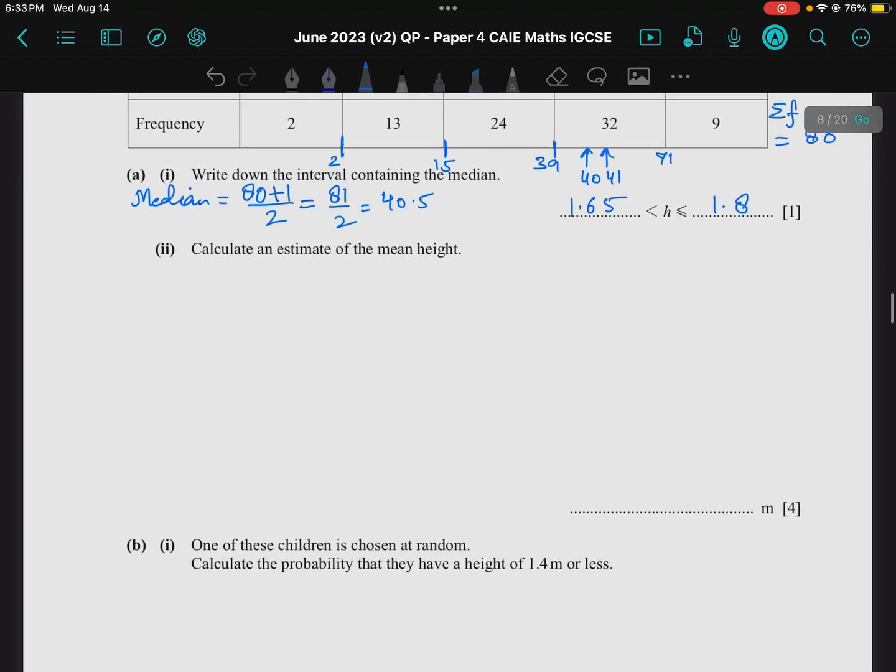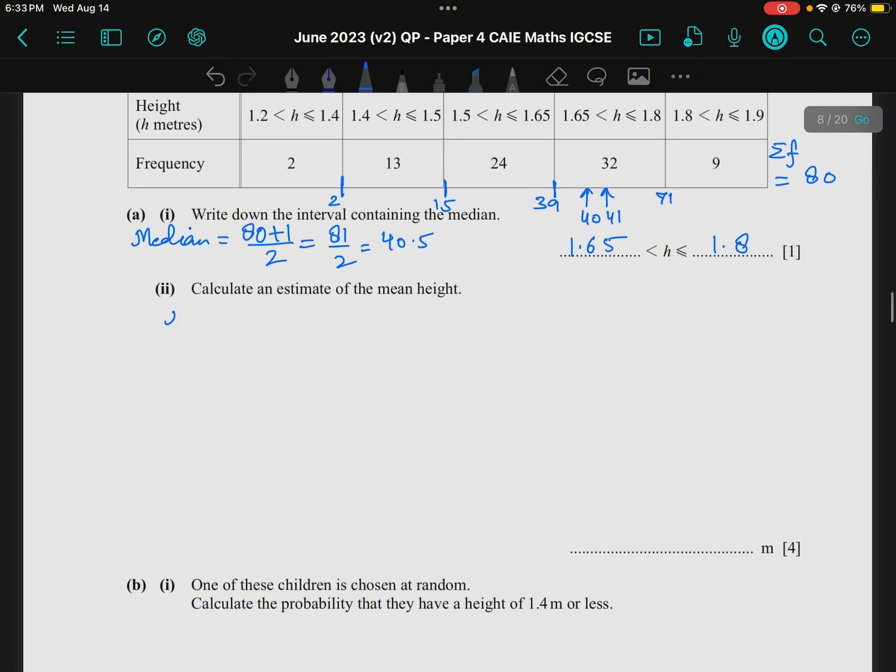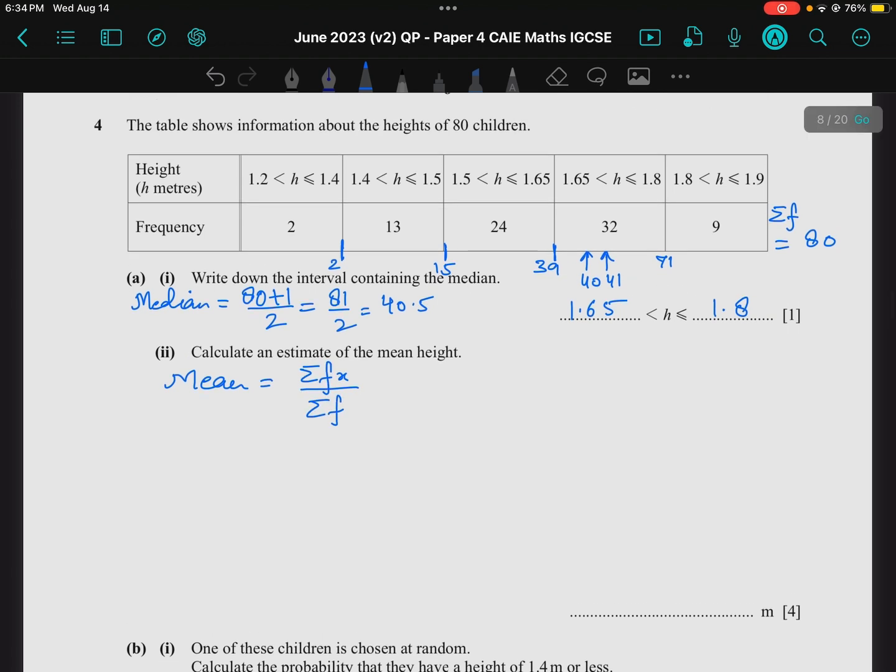Answer. Now calculate an estimate of the mean height. Mean is equal to summation fx upon summation f, that is total of fx upon total of f. So fx, what is x? X is the midpoint we find.